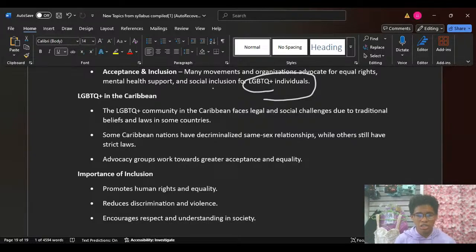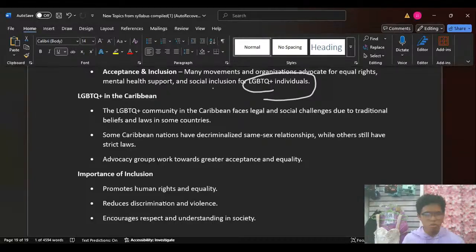Some Caribbean nations have decriminalized same-sex relationships, while others still have strict laws. I can't remember the exact country, so I couldn't really quote it. Advocacy groups work towards greater acceptance and equality, meaning that certain minority organizations usually work for the promotion of LGBTQ plus in the Caribbean.